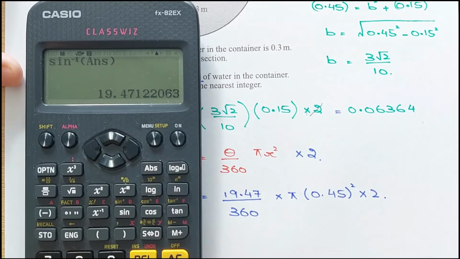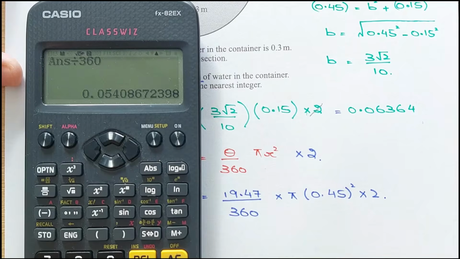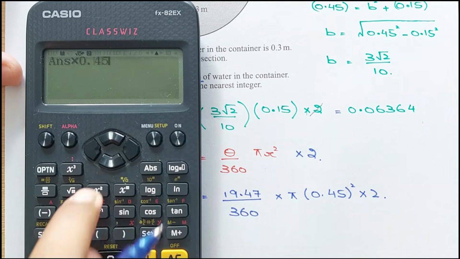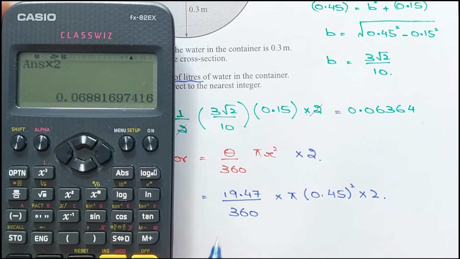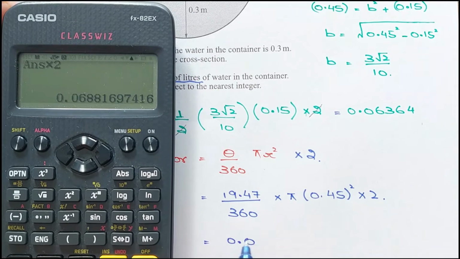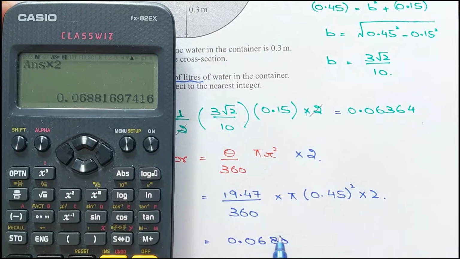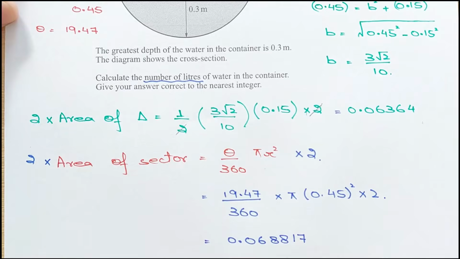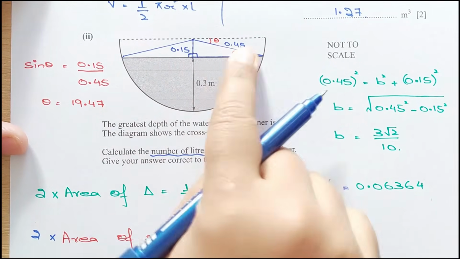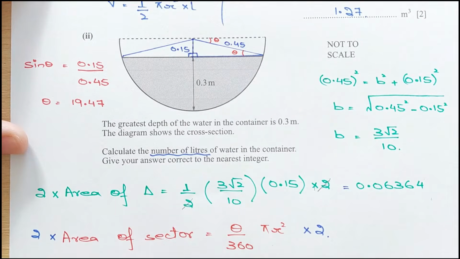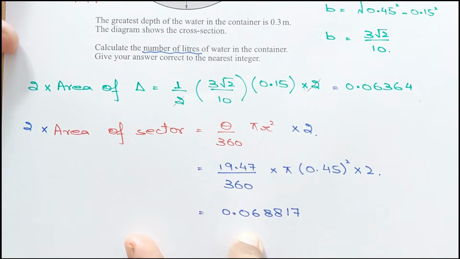So this angle divided by 360 times pi times 0.45 squared and times by 2. So this is going to be 0.068817, rounded. Okay, now we have the area for the two triangles and the two sectors, and we need to find the sum of both to get the unshaded area, right?